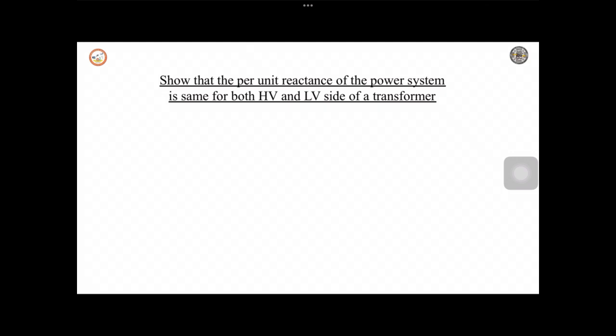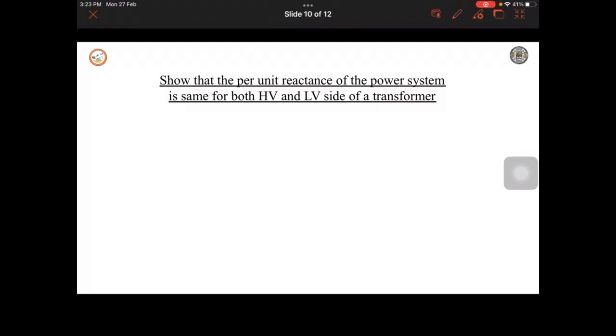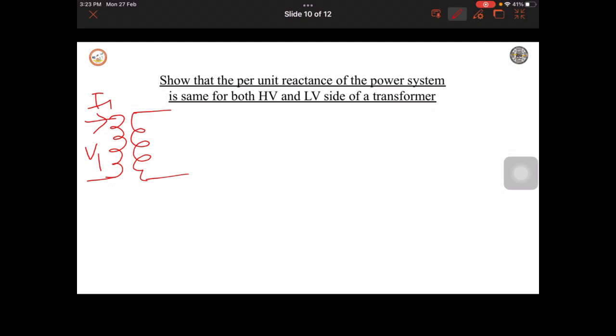So, next we have the derivation showing that the per unit reactance of the power system is the same on both sides of the transformer. Let us consider a transformer which has two windings, primary and secondary. See here, this is the primary winding, it has current I1 and V1 is the terminal voltage. Similarly, here I2 and V2.